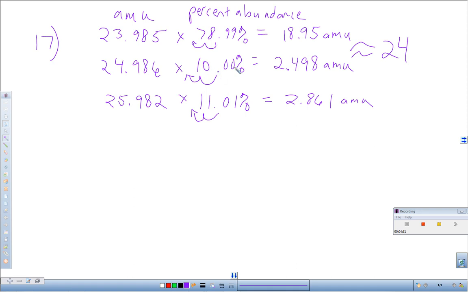There's 4. How many are here? 4. How many are here? 4. So how many are going to be in this final answer? 4 would be a good guess. So it ends up being 24.31. Is that right?